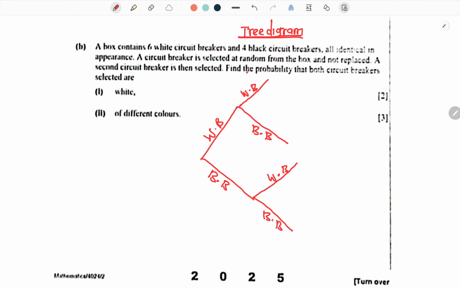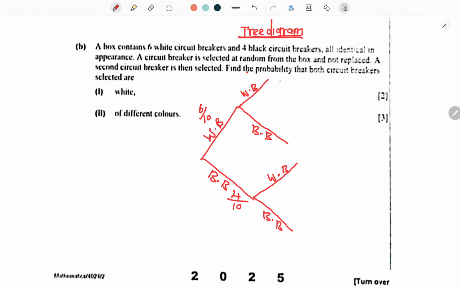Now, they are saying all identical in appearance. Then a circuit breaker is selected at random from the box and not replaced. So we are going to assume what was taken from the box was a white breaker. In the beginning, they are saying we had 6 white circuit breakers, so white breaker at first was actually 6/10. And on this side, we have been told that it was 4 black circuits, so this is going to be 4/10.